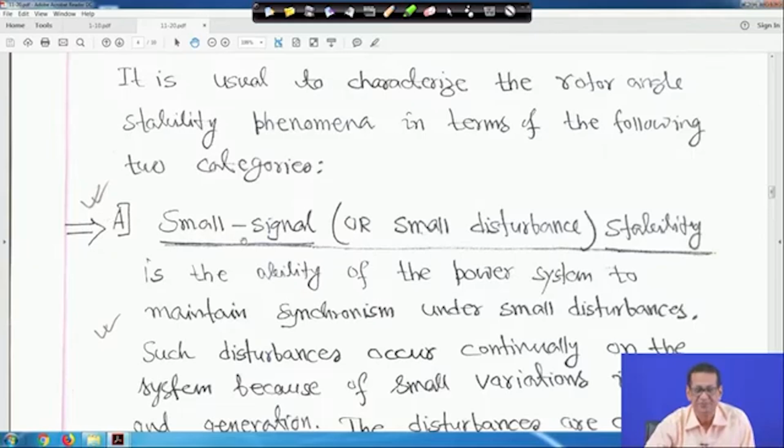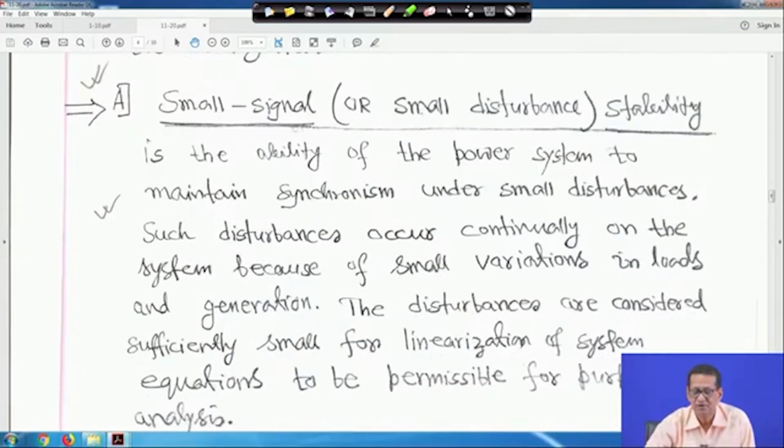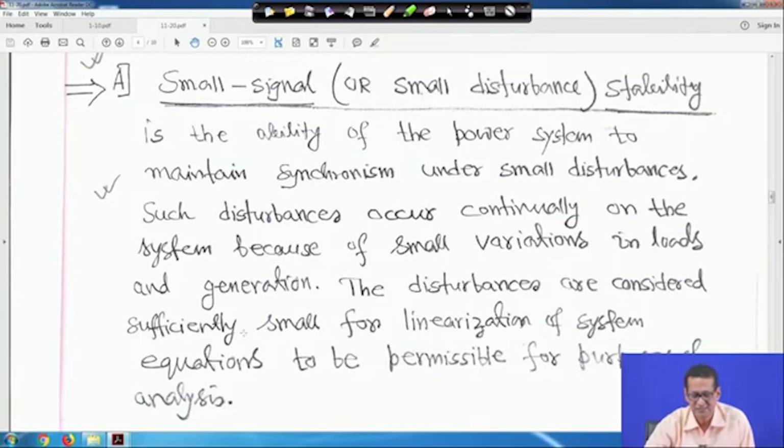Small signal stability is the ability of the power system to maintain synchronism under small disturbances. Such disturbances occur continuously on the system because of small variations in loads and generation, because loads are switched on and off, and generation also continuously increases or decreases. The disturbances are considered sufficiently small for linearization of system equations to be permissible for the purpose of analysis.